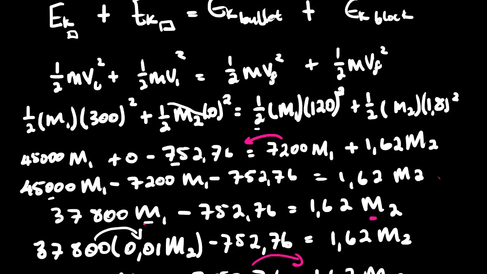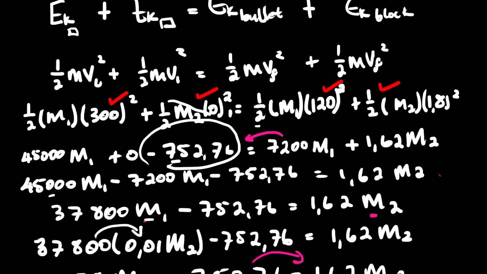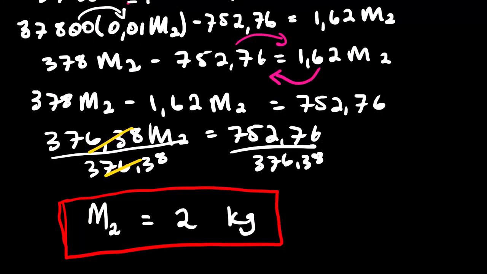Looking at mark allocation, you get a mark for substitution here and substitution here, and from this step you can also include this part here, then you'll get full marks there. Then you also get 1 here and 1 here, and then solving the mathematical operations, there's no mark for that until you get the final mark here at the final answer.